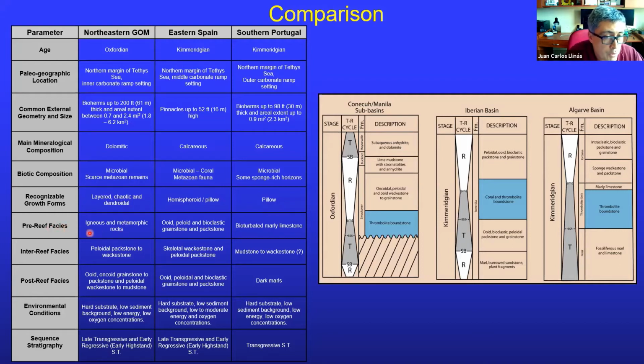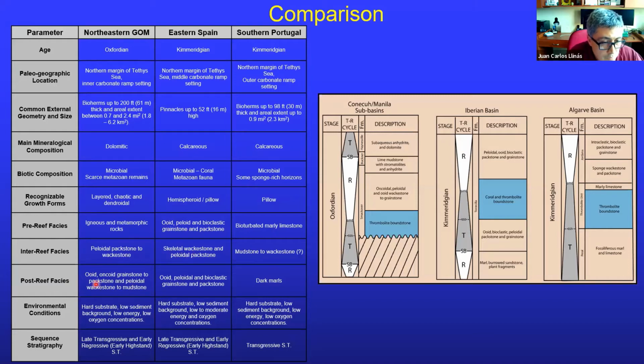Now, the prereef facies are igneous and metamorphic rocks in Mexico, an encrusted wood and pillar grainstone surface in eastern Spain, and bioturbated marly limestone in Portugal. All of them hard grounds, very stable hard surfaces. The interreef facies, in all cases, are fine sediments.